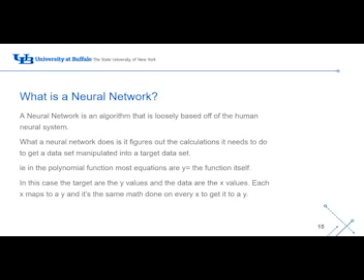So if we have, let's say, a linear equation that's just y equals 2x, then we have a point where x is 2 and y is 4. So we know that if we feed the network 2, once it goes through all the neural nodes and all of that stuff, what outputs is 4.